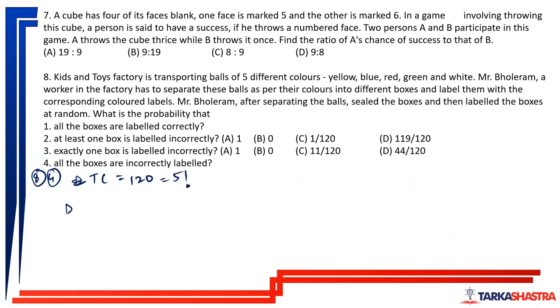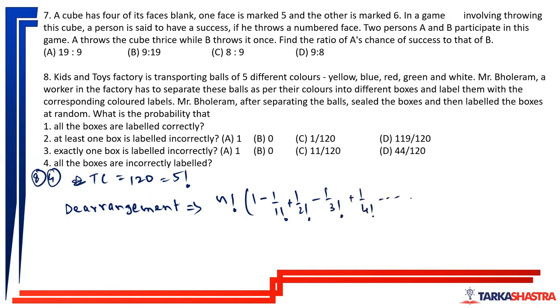What is the dearrangement formula? The dearrangement formula is n factorial multiplied by 1 minus 1 upon 1 factorial plus 1 upon 2 factorial minus 1 upon 3 factorial plus 1 upon 4 factorial, up to 1 by n factorial.